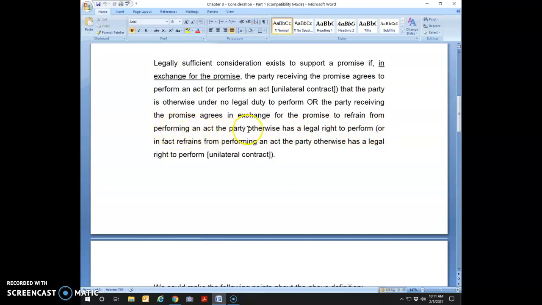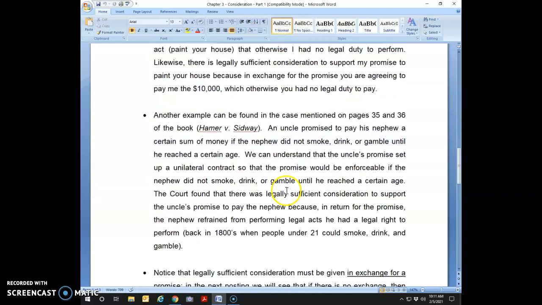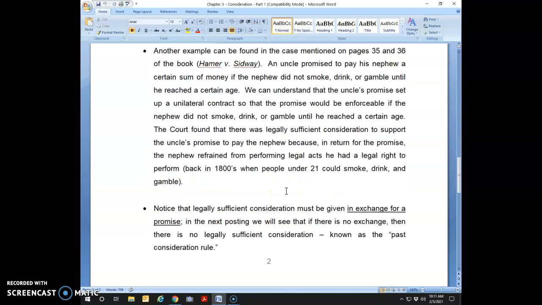Because he gave up smoking, drinking, and gambling, which he had a legal right to do in those days, the fact that he refrained from exercising those legal rights constituted legally sufficient consideration.